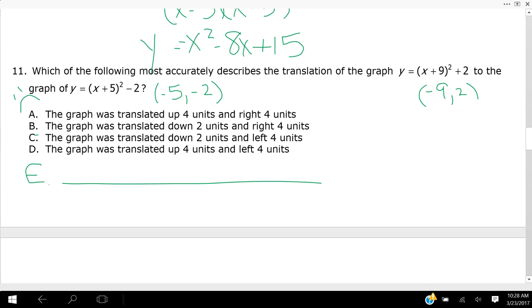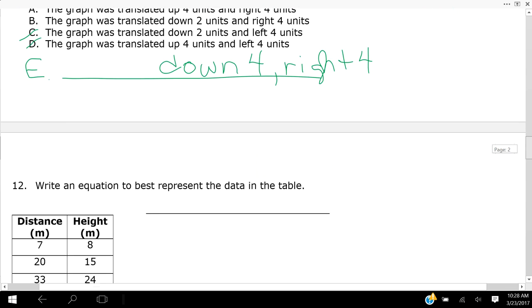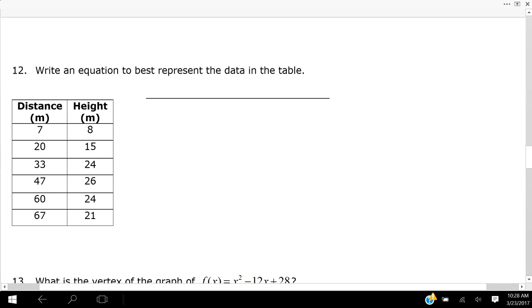So it's either, well, it's not either one of those, is it? And then to go from +2 to -2, you're going down 4, and then right 4. So once again, not paying attention.